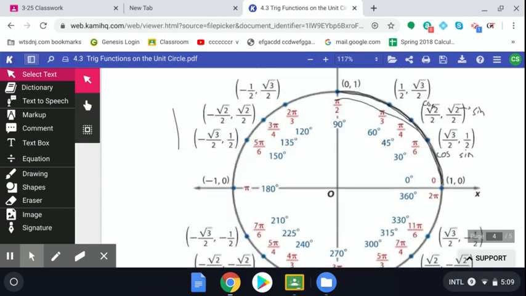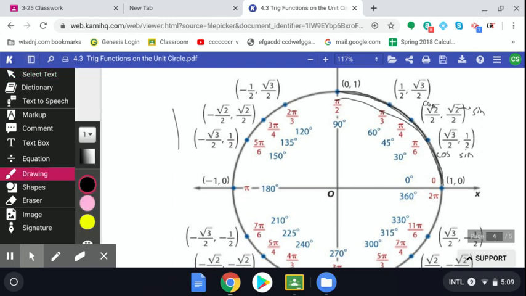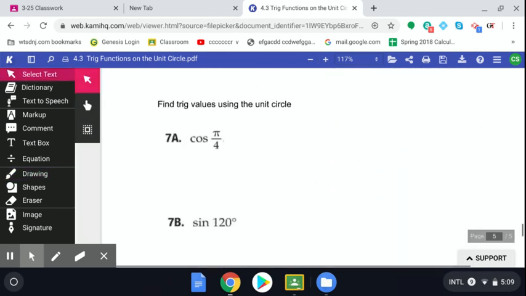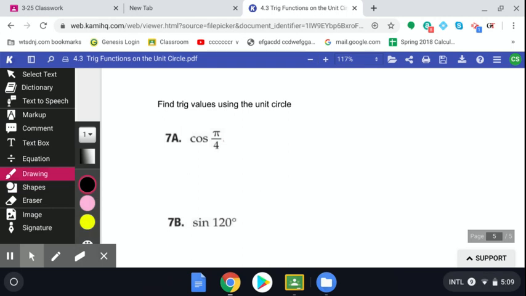Well, pi over 4 is over here, right? So what is cosine pi over 4? Cosine pi over 4 should be the x-coordinate, which is square root of 2 over 2. So the answer here should be simply square root of 2 over 2. Why is it called a unit circle? Because the radius is 1.